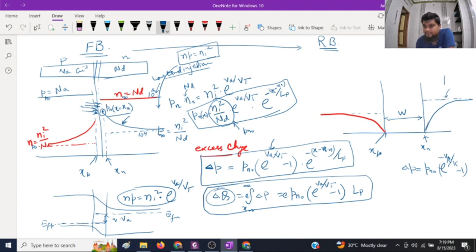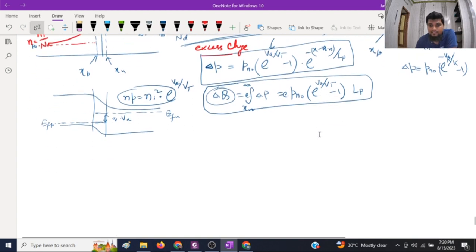Where this line is Pn0, equal to Ni square divided by Nd, and this line is for Np0, equal to Ni square divided by Na. So we have to come from this stage to this stage. There are a lot of charges which are already there, and if you suddenly apply a reverse bias, the system will not move in zero time from this to this, right? It will take some time.